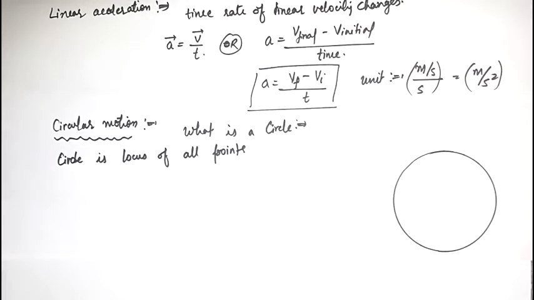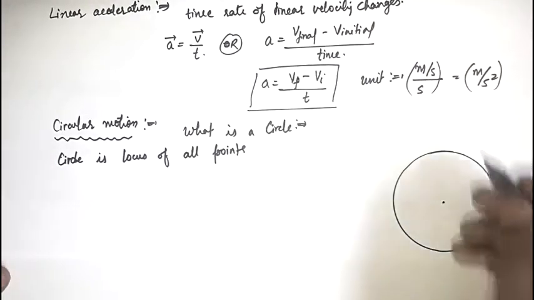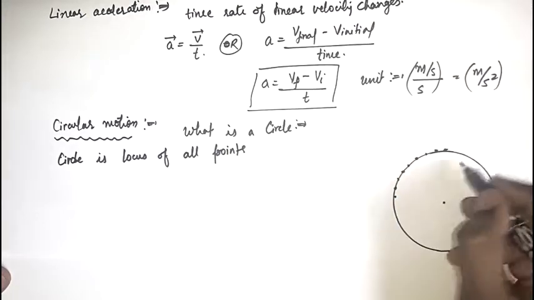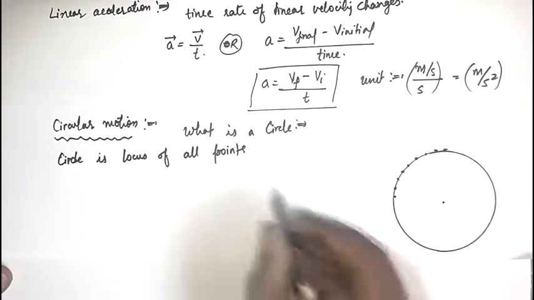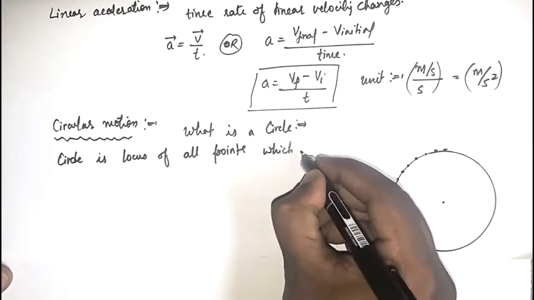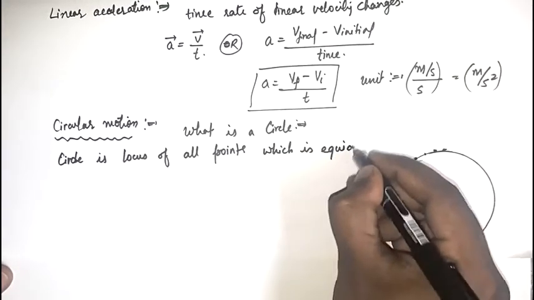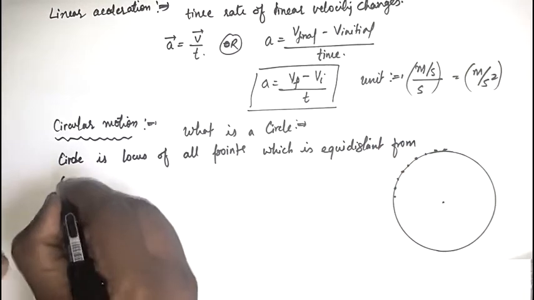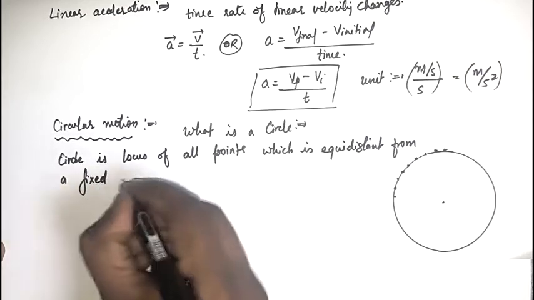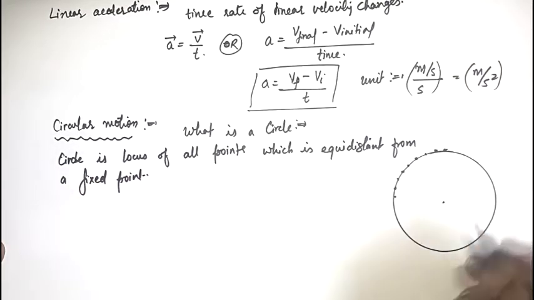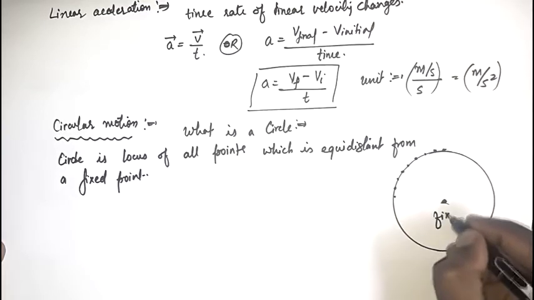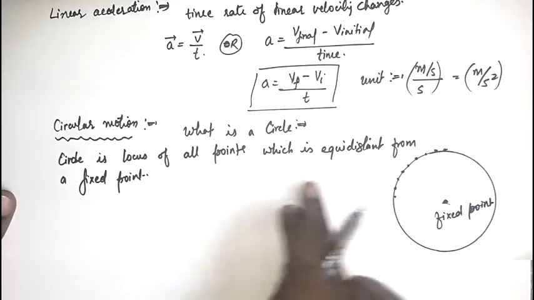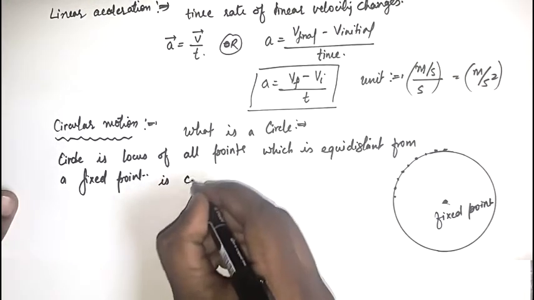You have already studied about this. So let's take a circle. I'll draw a circle here, and this circle has a center at this point. Now this circle is made up of n number of points, and these points are arranged in a pattern called the circumference, and these points are equidistant, meaning ये सारे पॉइंट सर्कल के सेंटर से सेम डिस्टेंस पे हैं. अगर आप कोई भी एक पॉइंट का सेंटर से डिस्टेंस निकालेंगे, वो डिस्टेंस हमेशा सेम आएगा, and that center point is called the fixed point over here.